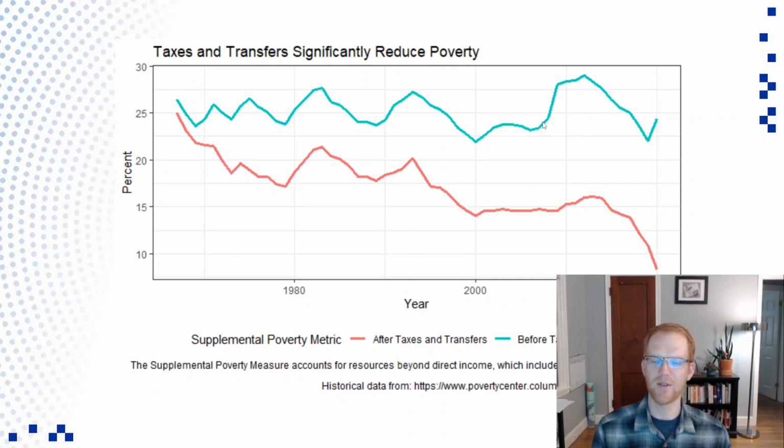What happened there is there was a huge increase in expenditures on things like unemployment insurance, which is actually income, but also stuff like SNAP. This helped to hold the poverty level after taxes and transfers to much less of an increase than the pre-tax and transfer one, right?